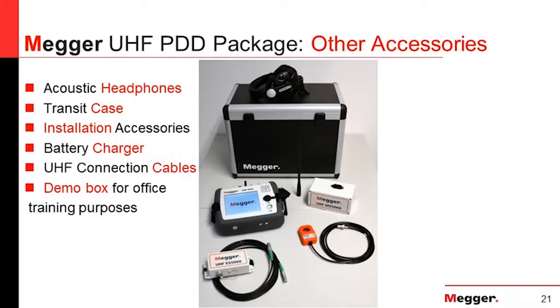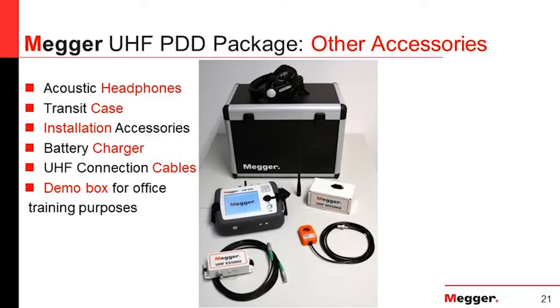So then we have other complete accessories, like headphones for listening to the partial discharge. We have a transit case. We have installation accessories like brackets, nuts, bolts, braids, and accessories like that for site installation of your accessories like the capacitive sensor.